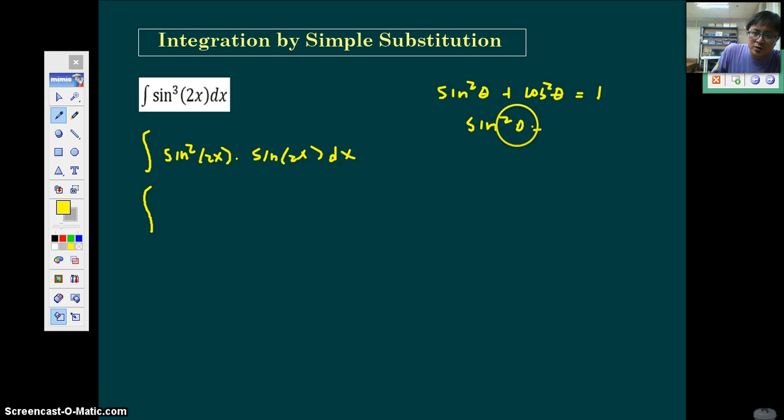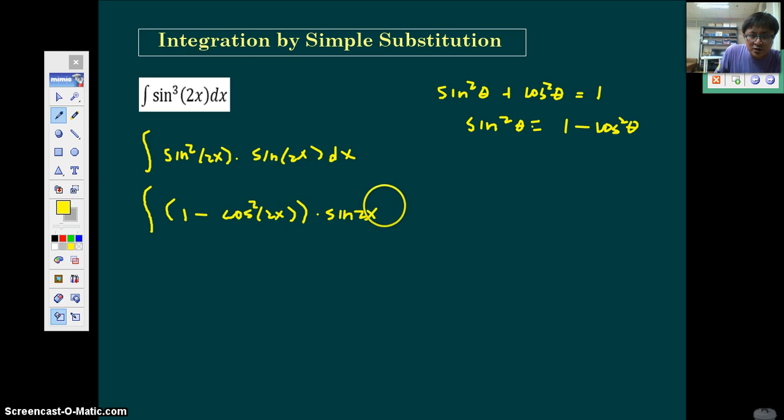So this would be sine squared theta equals 1 minus cos squared theta. So sine squared 2x in same manner can be expressed as 1 minus cosine squared 2x, and then times sine 2x, which is this, and then dx.